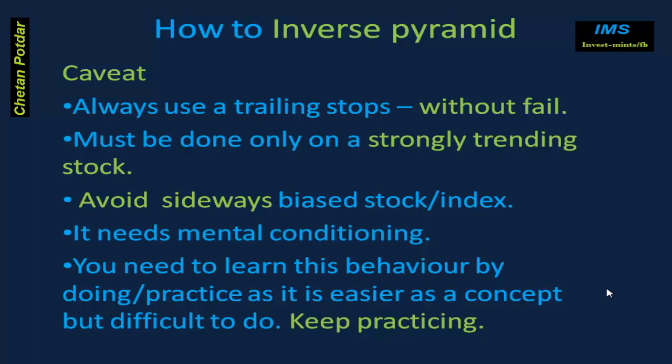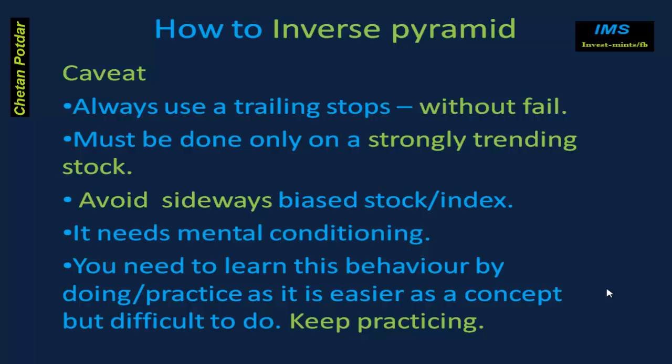Now, the problem with inverse pyramiding is that it needs mental conditioning. You have to condition yourself mentally, and it has to be done on a very specific basis. It is a learned behavior. What it basically means is that you will have to learn it actively.